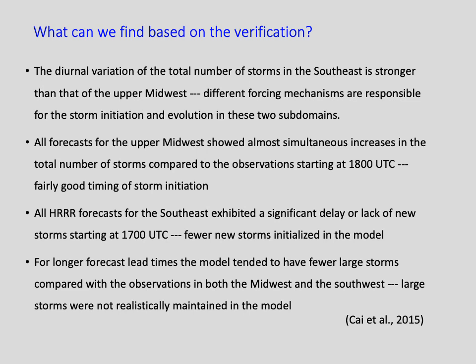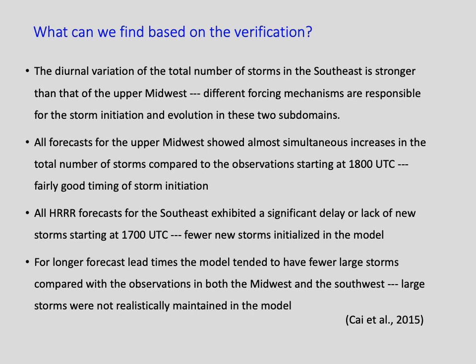What can we learn from the verification results? What is the physics behind such a result? Storms in the upper Midwest are dominated by synoptic scale forcing, which often leads to large and organized precipitation systems. In the southeast, however, storms are often scattered and isolated because they are driven by local diurnal heating.